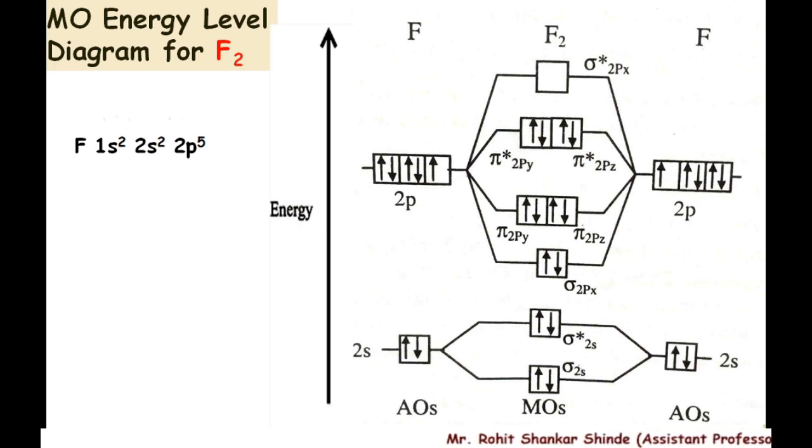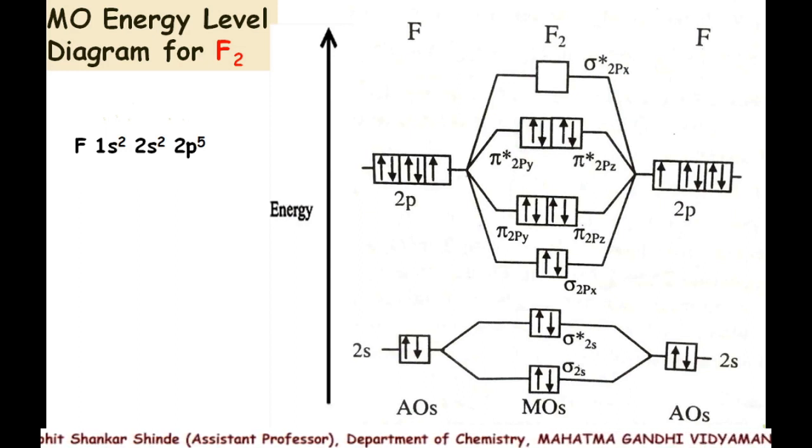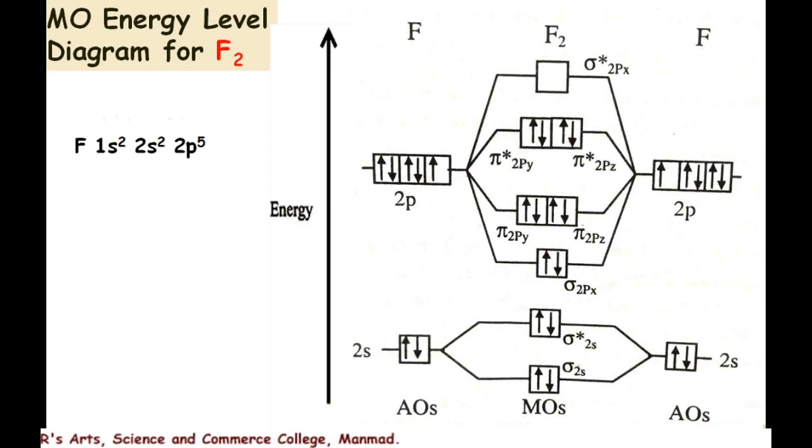Here 2s and 2p orbitals of fluorine atom are well separated, so they do not interact. Therefore the sequence of energy levels of the molecular orbitals in F2 molecule is according to the energy level diagram as shown here.